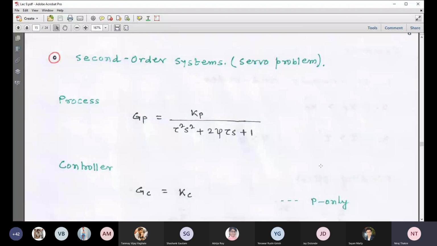Let us come to the second order process, and here we will only consider the servo case. We'll repeat the same procedure for the second order process.